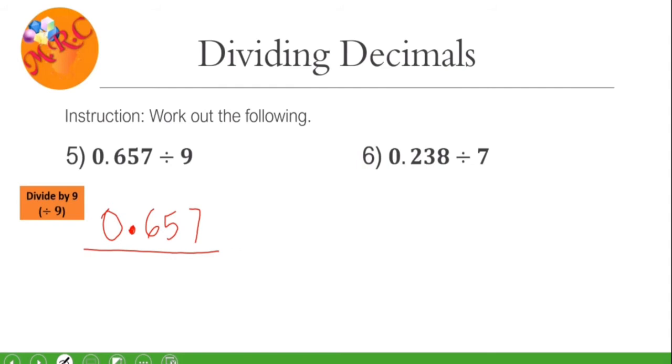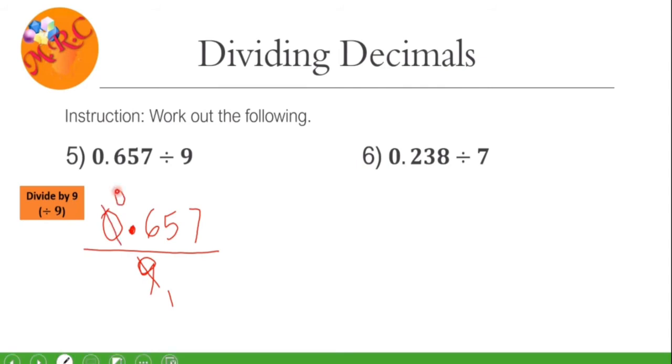Alright? And we're going to go ahead and say 9 into 9, which is 1. Right? 9 into 0 is 0, because we can't take a set of 9 out of 0. So that's just 0.